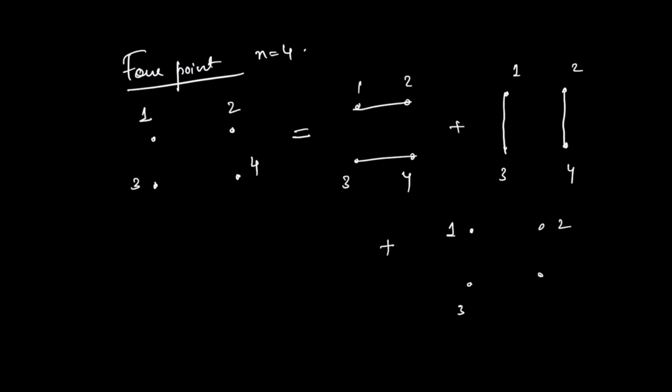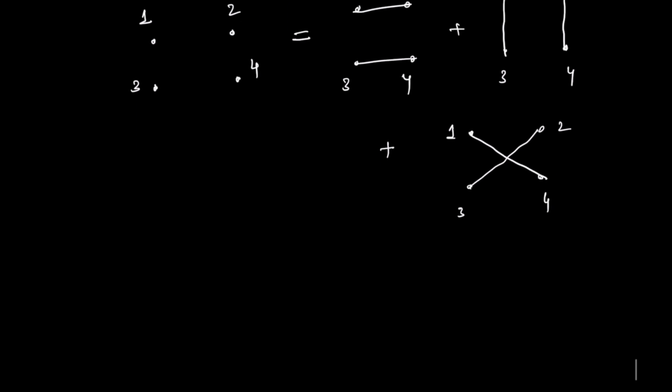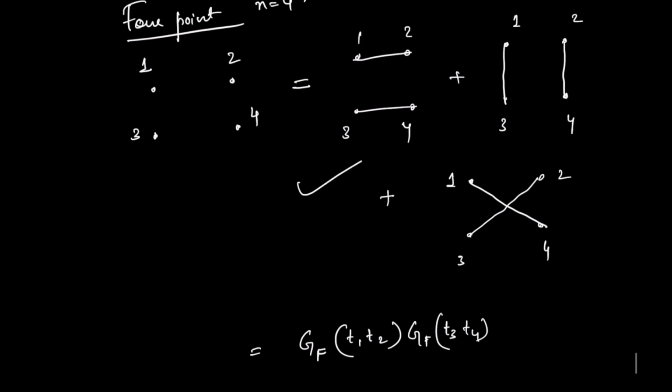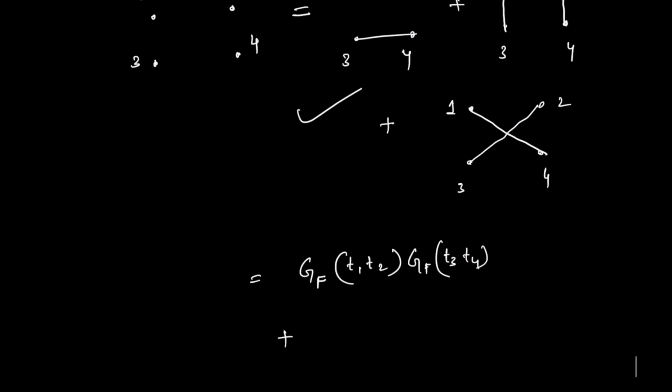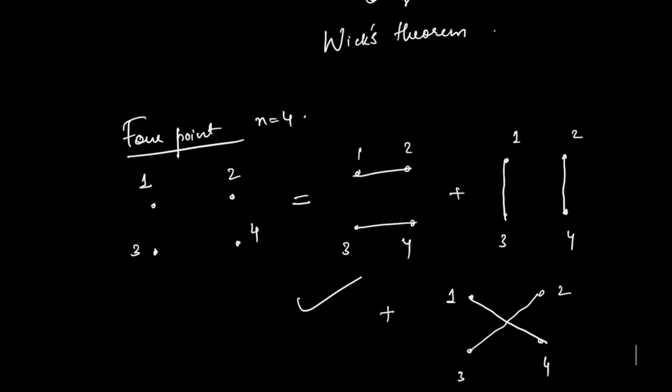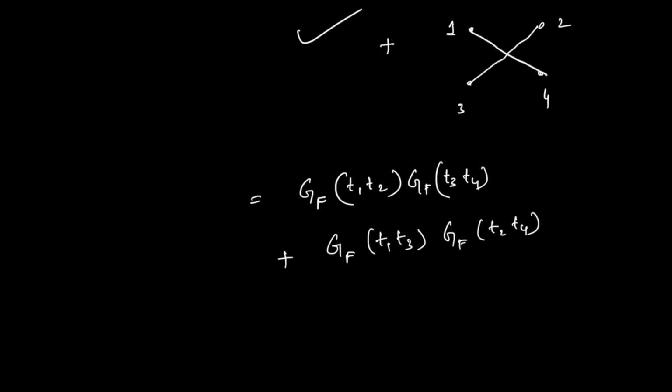Otherwise I can pair 1, 4 and 2, 3. So this is equivalent to the Feynman function GF t1, t2 GF t3, t4, plus GF t1, t3 GF t2, t4, that is the second one, and the third one will be GF t1, t4 GF t2, t3.